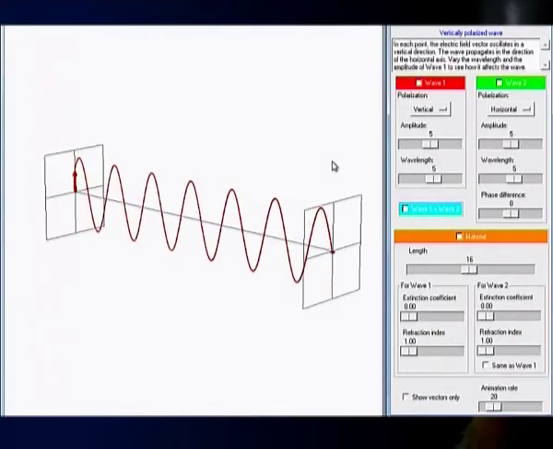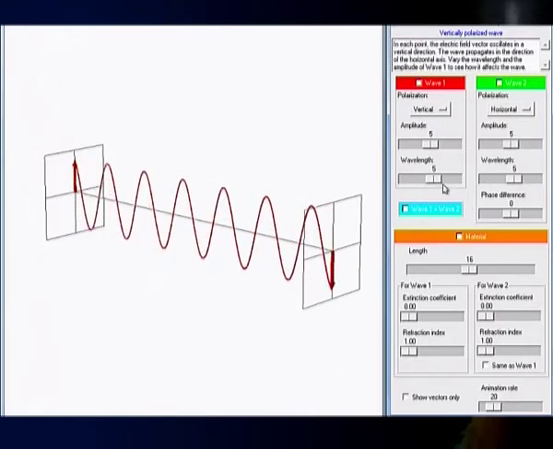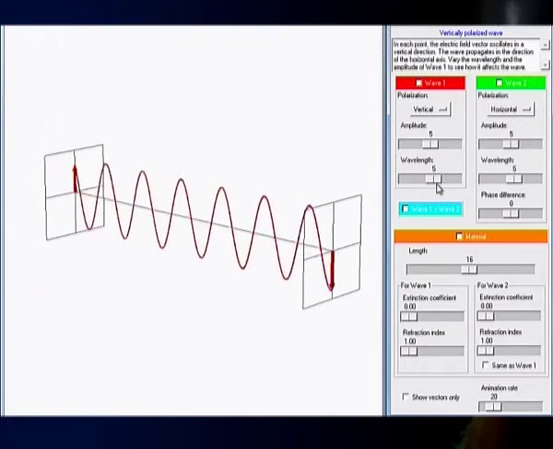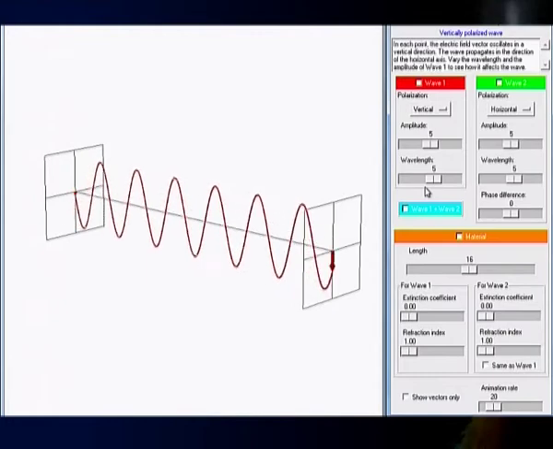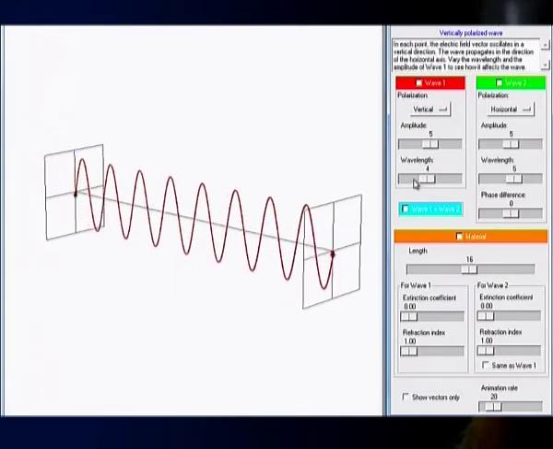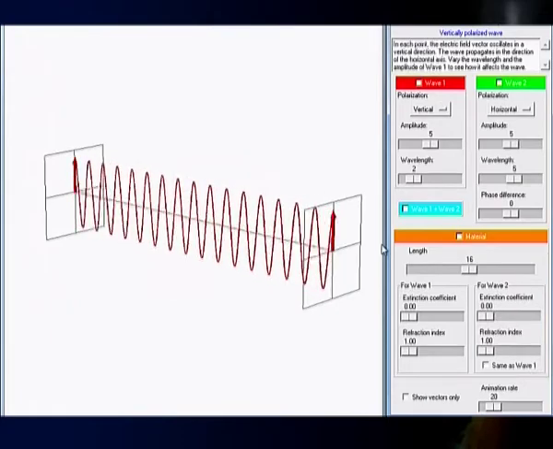Let's have a look at it. The current animation here is with a wavelength of about 5 units on this particular software. Now, suppose I decrease the wavelength. Let's see what happens. I am decreasing it to 4, to 3, to 2. What you are seeing is that as I decrease the wavelength, the number of waves increases, because in this particular animation the total length is fixed, from the start of the animation to the end of the animation.